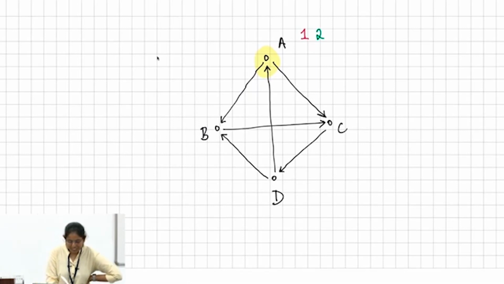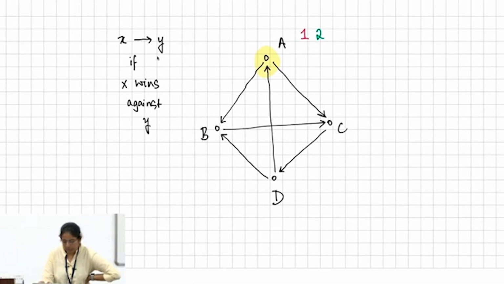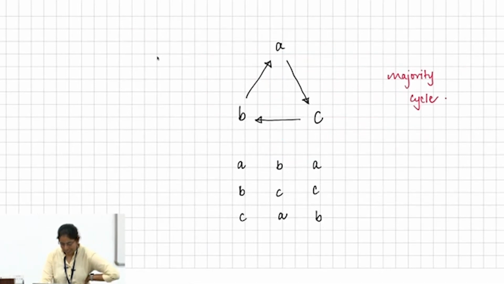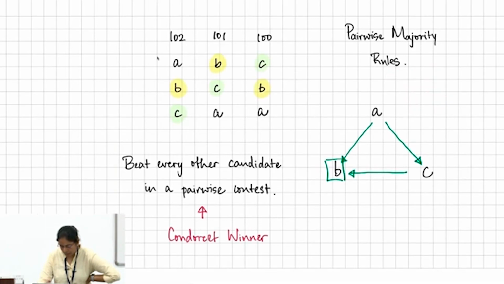Okay, so my convention is that I put an arrow from X to Y if X wins. Have I flipped the convention? Here, for instance, this is an arrow going from B to A, and indeed, I think I have flipped my convention, sorry, in both cases.